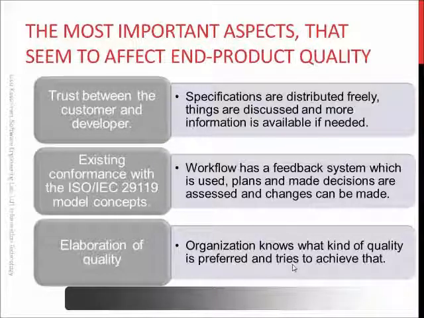We were actually testing out on the survey then what are the actual aspects in the development work or testing work that actually enhance the end product quality, or on the other way around, what sort of things make the people making the software believe that they are making better quality than earlier.